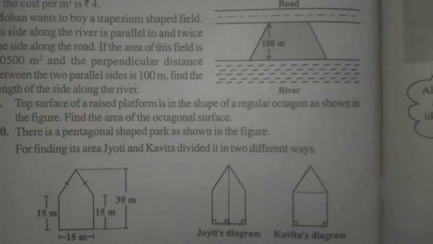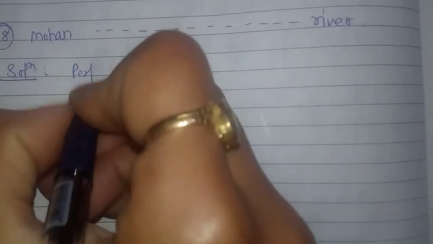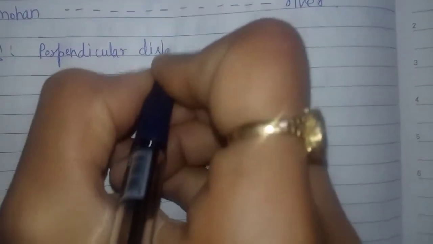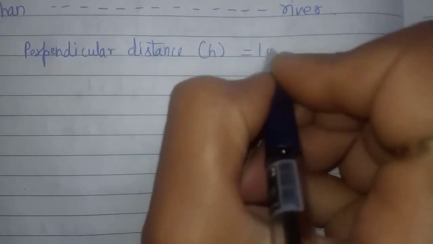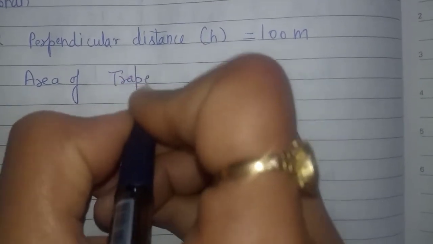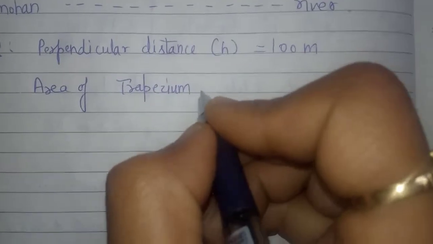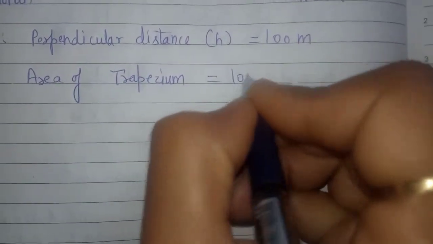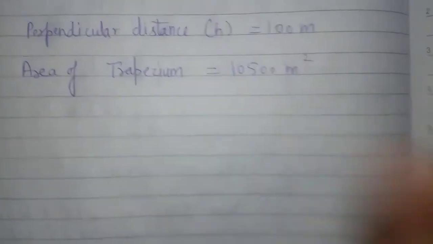So let's start. We are given the perpendicular distance, that is h equal to 100 meter, and area of trapezium shaped field, I have written here only trapezium, is equal to 10,500 meter square.